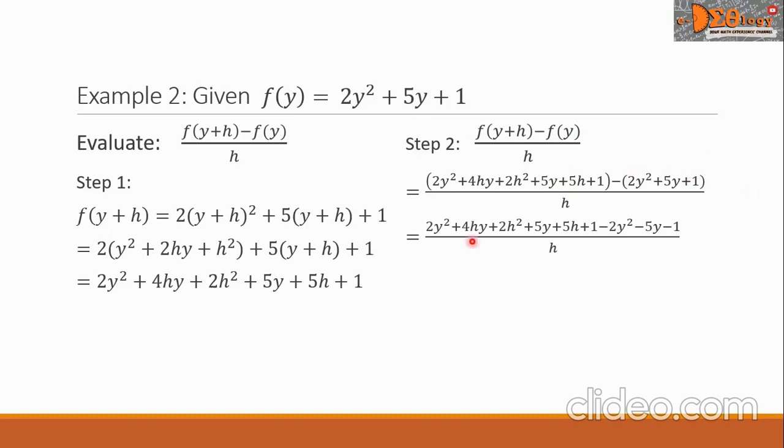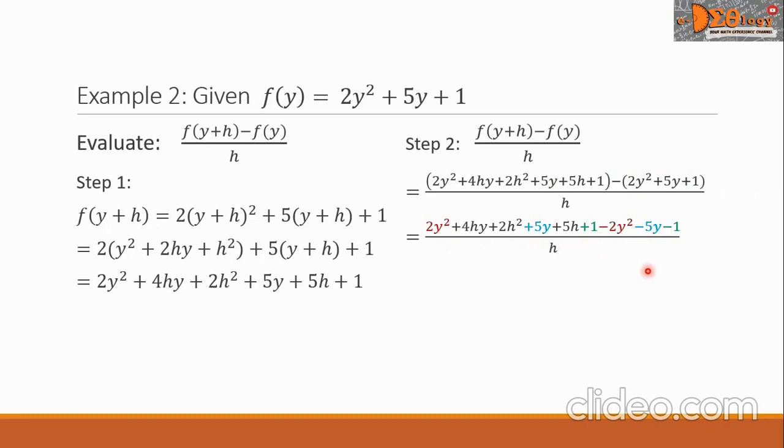So we have now 2y² + 4hy + 2h² + 5y + 5h + 1. Then this negative 2y² − 5y − 1.